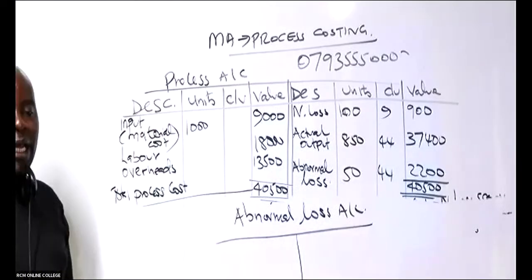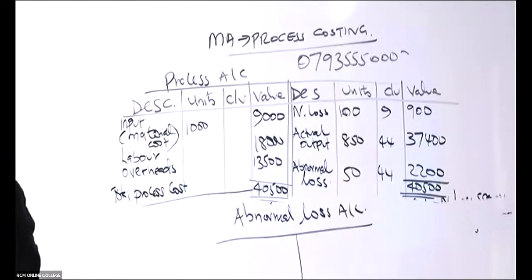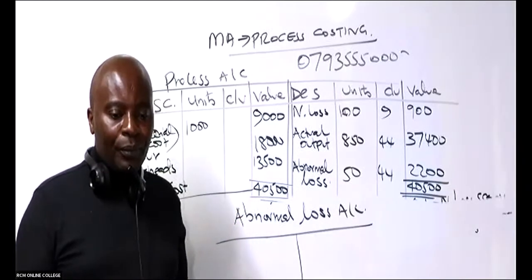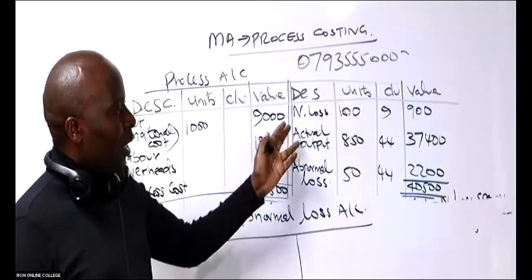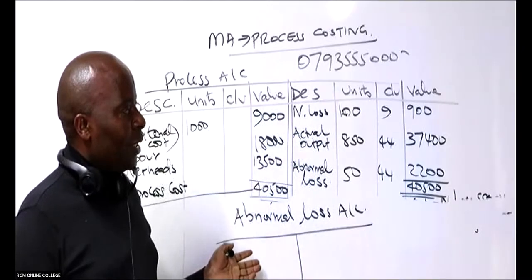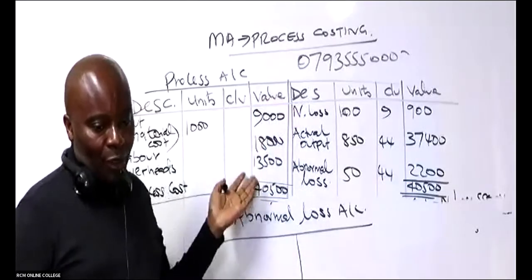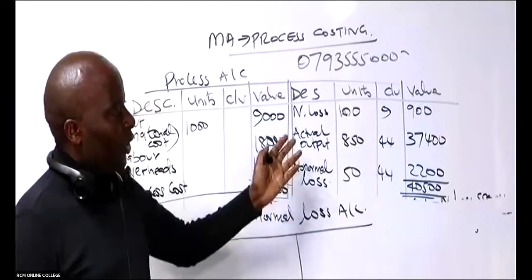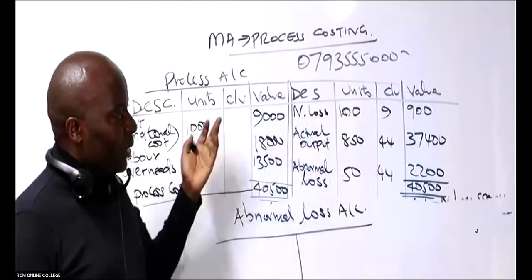This abnormal loss account is a very, very simple account. It's basically a losses account. You bring the normal loss here. So here the normal loss was credited, it will be debited here.